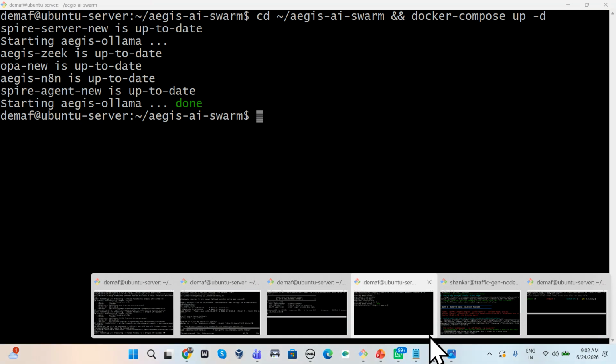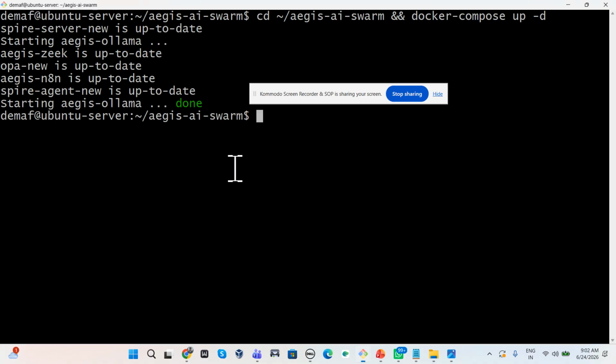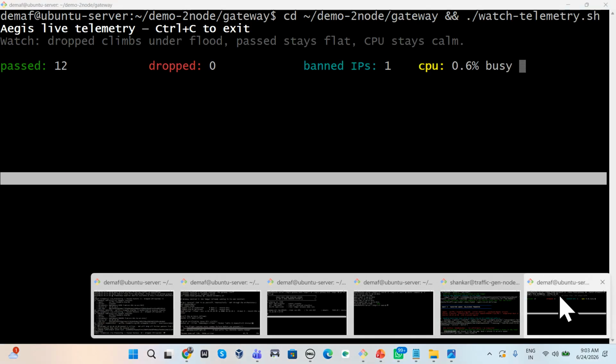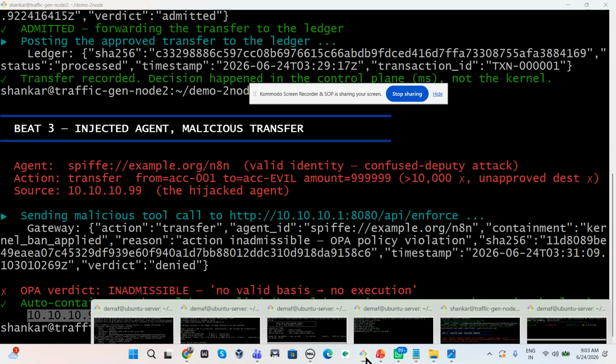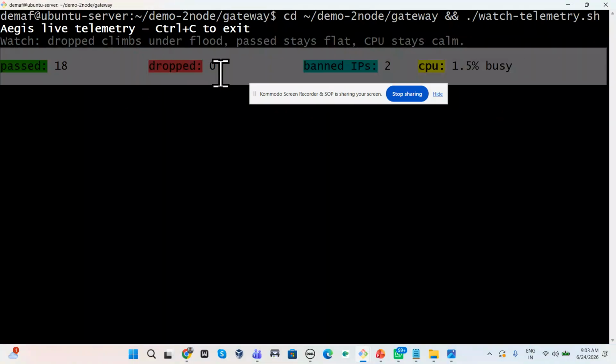So we are moving to the next scenario, the wire speed proof. Here is the difference between a control that is inconvenient and one that is impossible. I will flood the gateway from the traffic generator node. You could see from the telemetry there are zero packets dropped here.